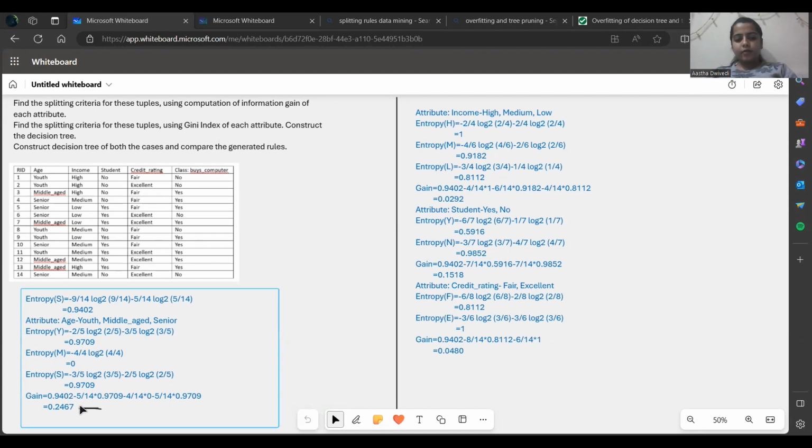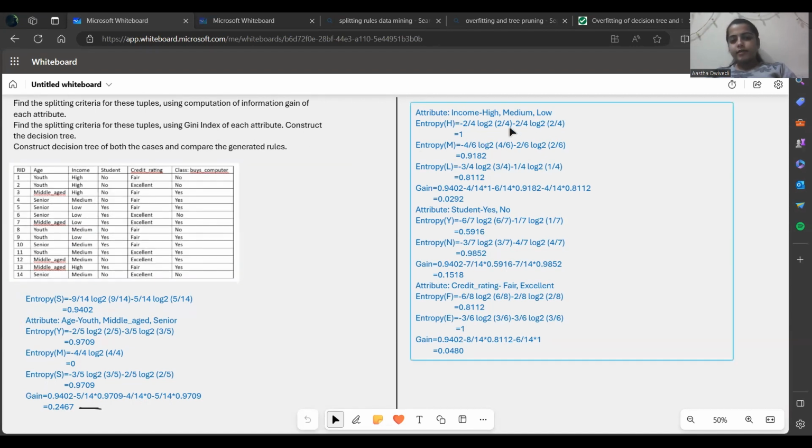So complete entropy minus 5 by 14 into 0.9709 minus 4 by 14 into 0 minus 5 by 14 into 0.9709. So the information gain is 0.2467.